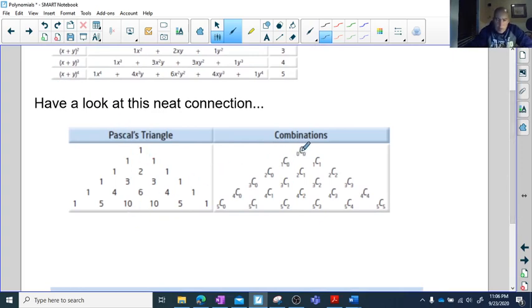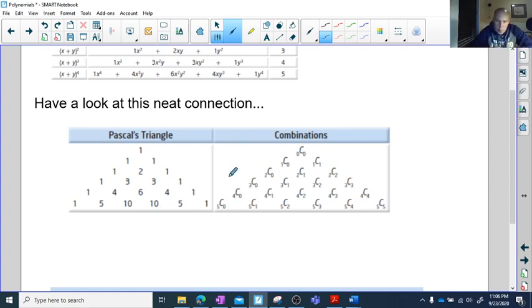Somebody found that if you did combinations of 0 choose 0, 1 choose 0, 1 choose 1, and then went to the next row and did 2 choose 0, 2 choose 1, 2 choose 2, these values coincided exactly with the values of Pascal's triangle.